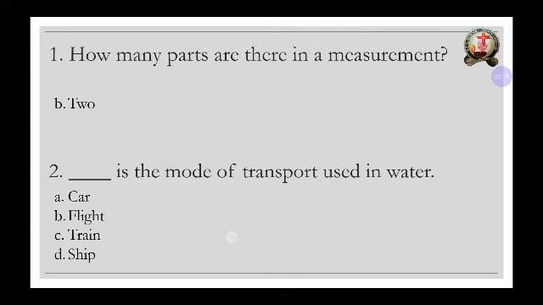So obviously it is not car, not flight, not train, but the answer is ship. Which mode of transport do we use when we want to travel in water? We use ship.